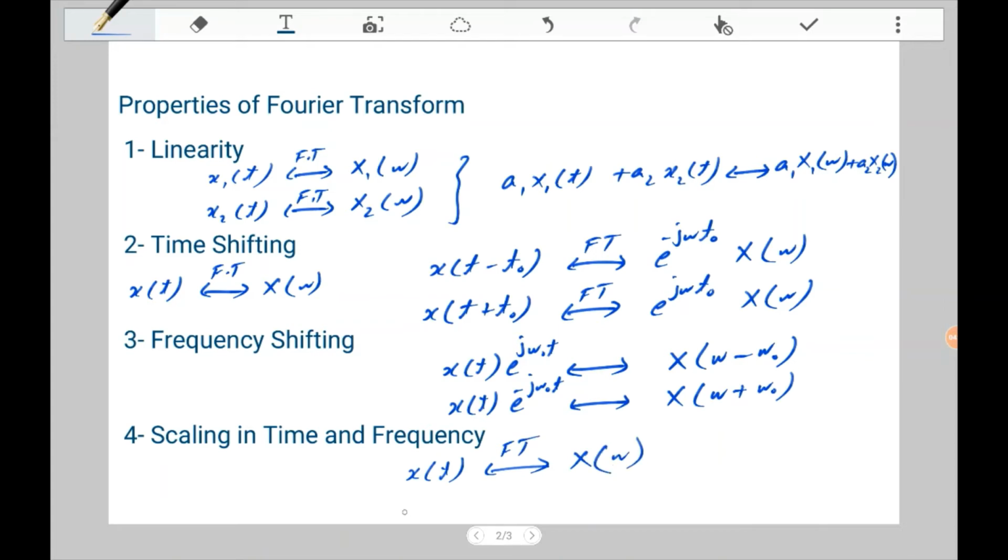So if we scale this signal by any scalar quantity, let's say x of a t, in that case its Fourier transform will be 1 over a times X of omega over a. So the scalar quantity will be divided in frequency domain as stated in this formula.